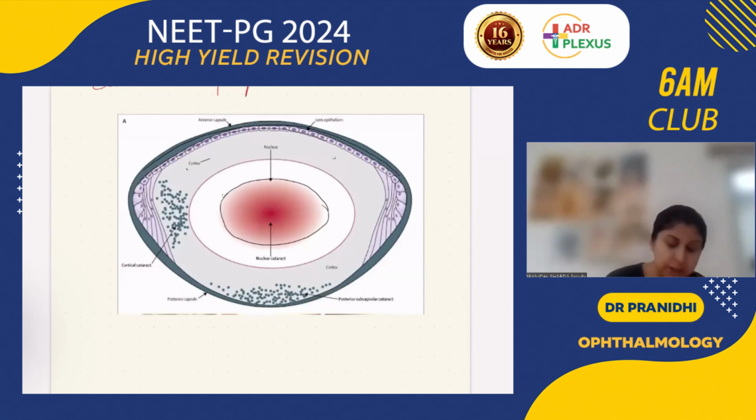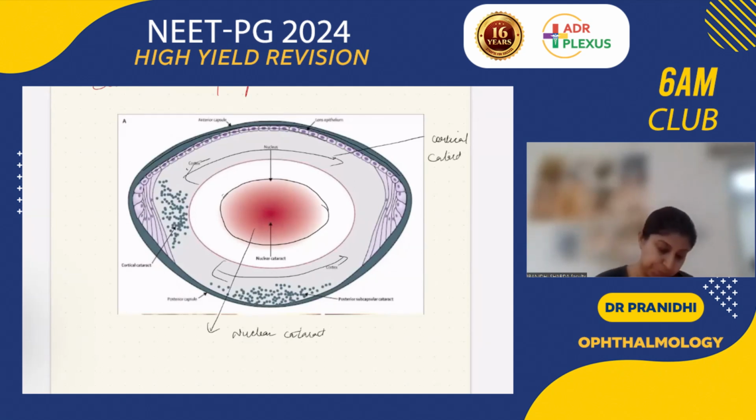Whenever there is opacity in the centralmost part, it is known as nuclear cataract. Opacity in the cortex or the cortical fibers is cortical cataract. Opacity at the poles is the anterior polar or the posterior polar cataract.